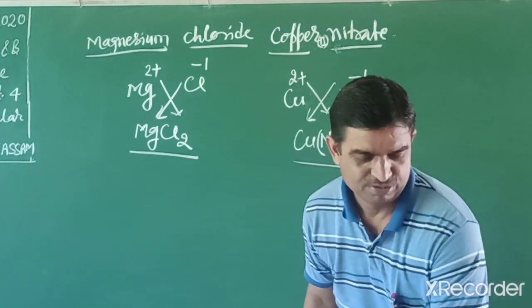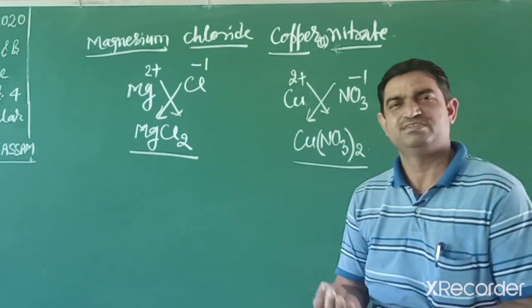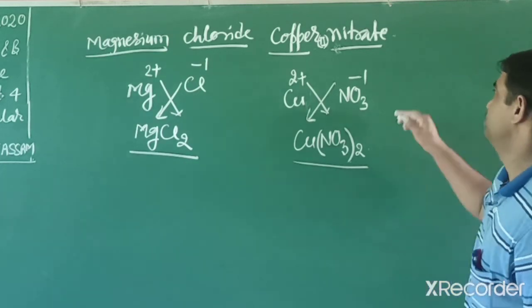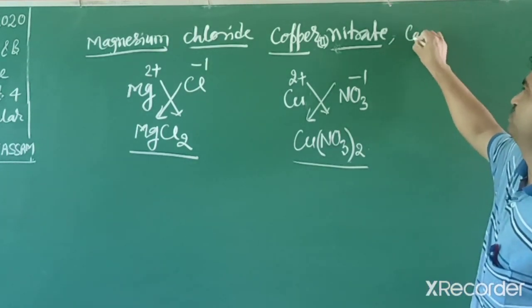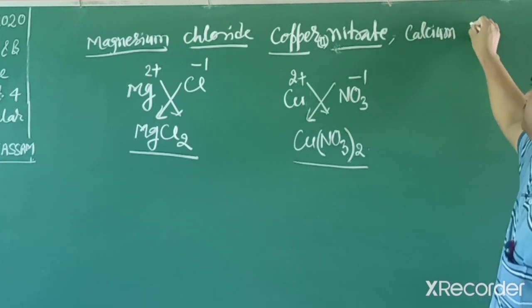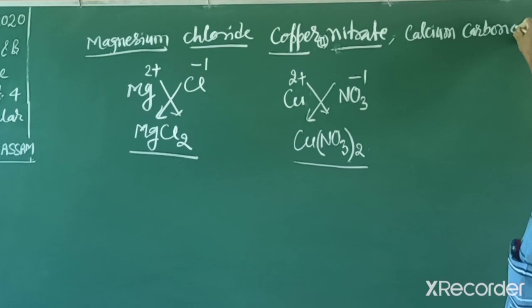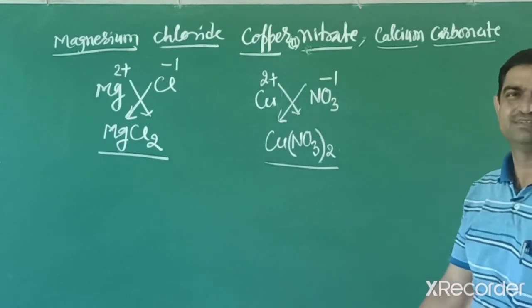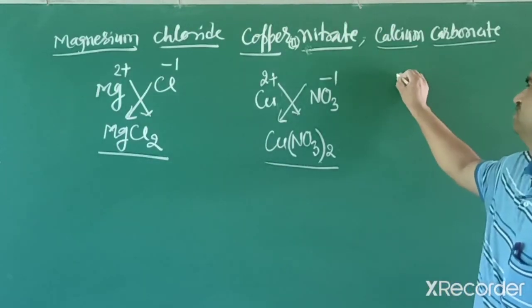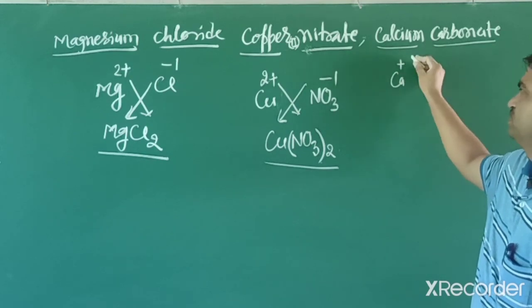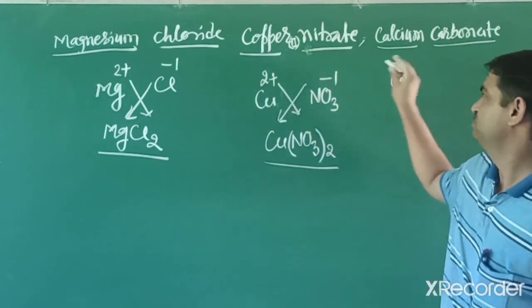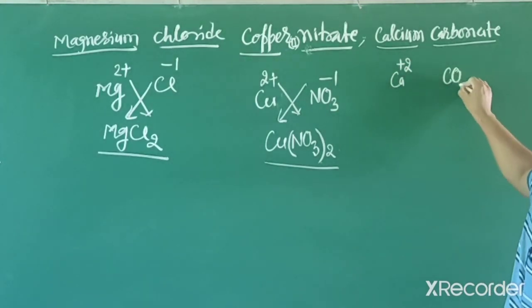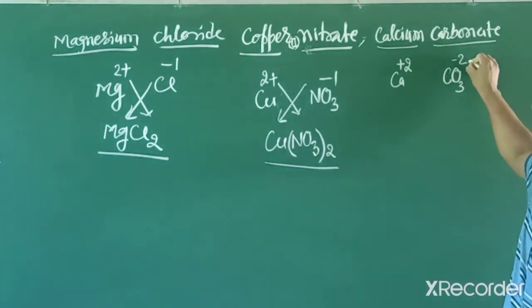Other question given in the book, aluminum chloride. We already discussed AlCl3, aluminum and chlorine, easy to write. And calcium carbonate. Students, how can we write calcium carbonate? For calcium carbonate, calcium first, you find its charge, plus 2. Carbonate is CO3 with 2 minus charge.